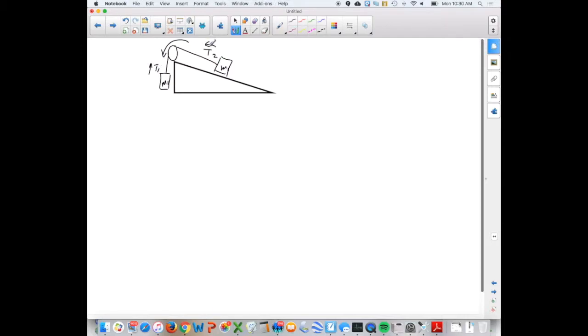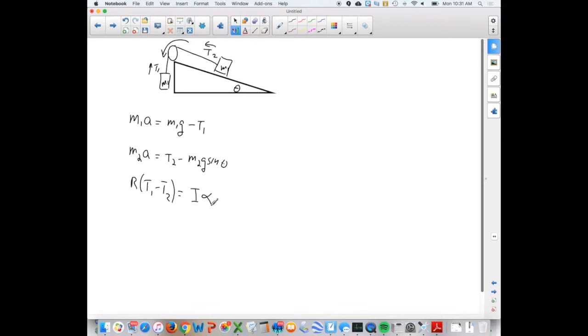And I'm just going to write my equations out again like I've done. M1A, forces on A are M1G down minus T1 up. M2A is now T2 minus M2G sine theta. And then we have R times (T1 minus T2) is I alpha.